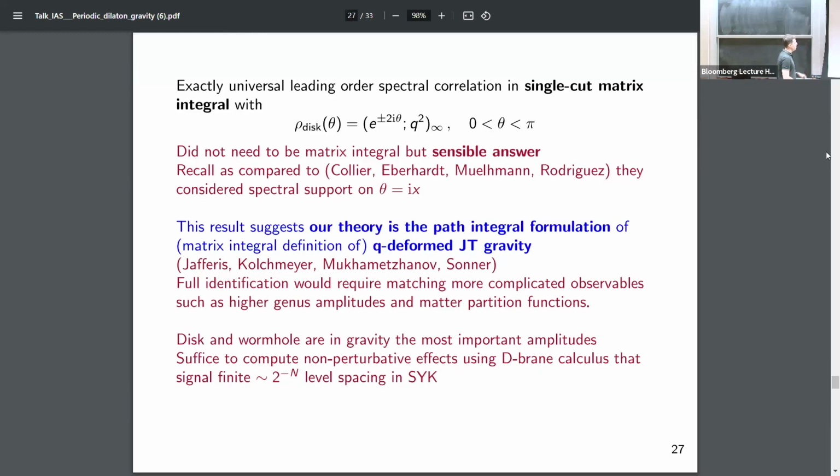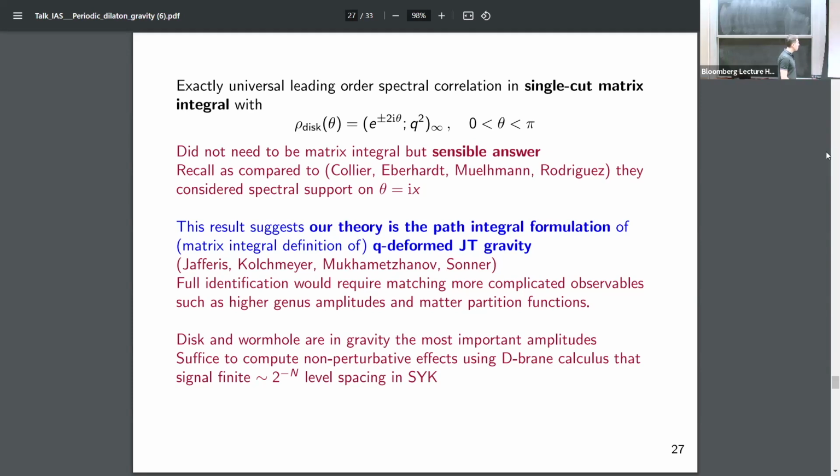But as I said, it's an exact universal leading order spectral correlation in a single cut matrix integral, which by no means had to happen. Like obviously not all gravity theories are matrix integrals. And I don't know if this is a matrix integral because I don't understand higher topologies yet. But at least the spectral correlation, which is the most important, which is basically the raison d'etre of matrix integrals, is what you expect.